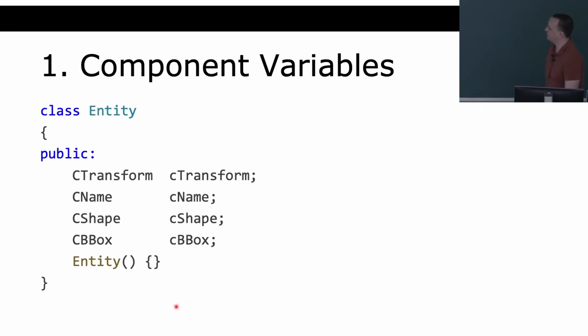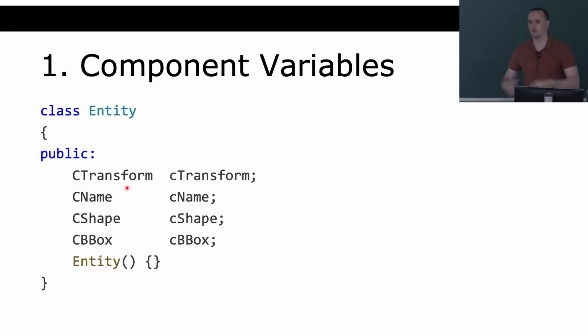So if we did do the first one, here is how our class would look. This is by far the simplest way to implement an entity, and you could completely do everything in this assignment and in your own game by having something like this. But it has its drawbacks; it has pros and it has cons. Here, the way we're going to name our components in this class is that the class is going to have a C in front of it, so a capital C and then Transform.